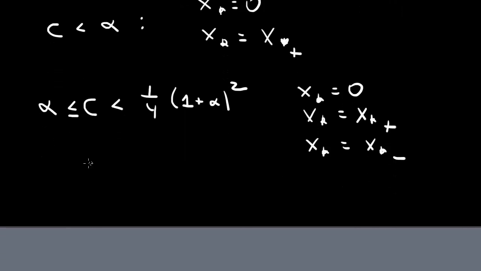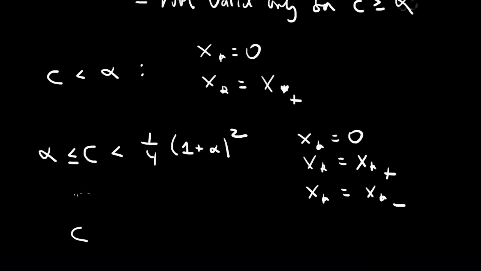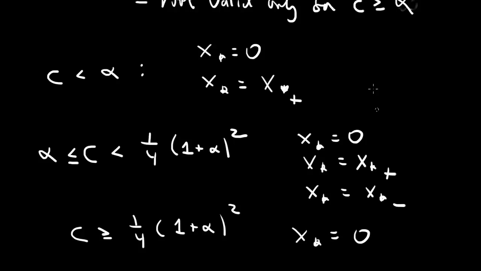And finally, for C greater than or equal to 1/4 (1 plus alpha) squared, the square root became the square root of a negative number, so we just have x star equals 0. So we have 2 roots here, 3 roots here, and only 1 root here. Okay?